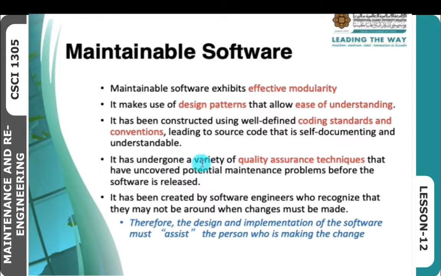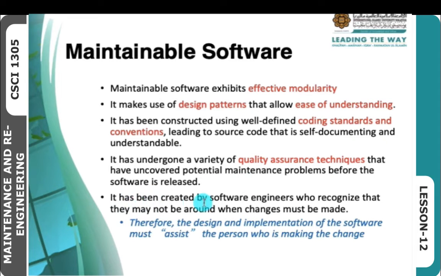Okay, it has undergone a variety of quality assurance techniques that have uncovered potential maintenance problems before the software is released. Meaning this is a proactive event, where we try to identify potential maintenance problems. So when they happen, it is easier for us to do the maintenance.